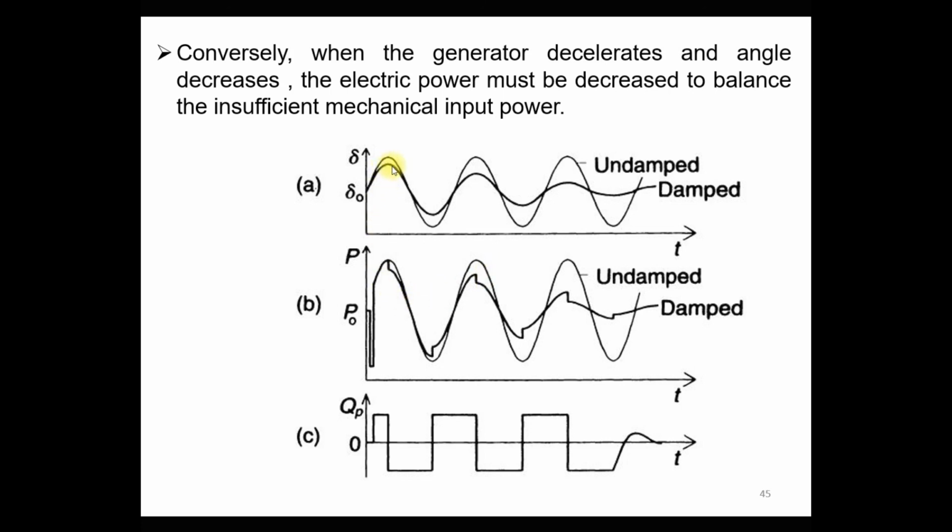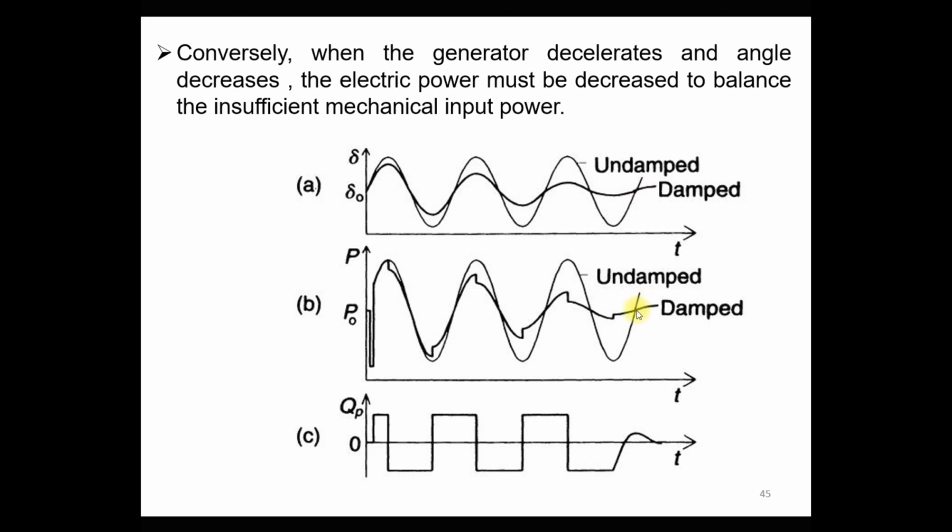You can see that in the initial period of time, damping does not wipe out the oscillation suddenly, but after some time, in the steady state condition, after 2 or 3 cycles, all the oscillations are damped out. Once all the oscillation is damped out, it means when the system regains its normal angle delta, here after 3 cycles you can see that the machine reaches the normal angle delta, so the oscillation is wiped out.